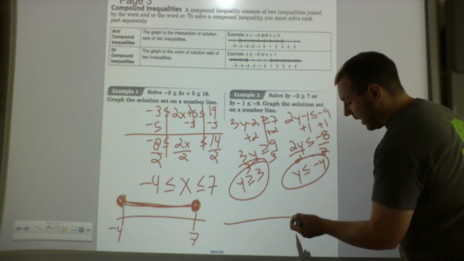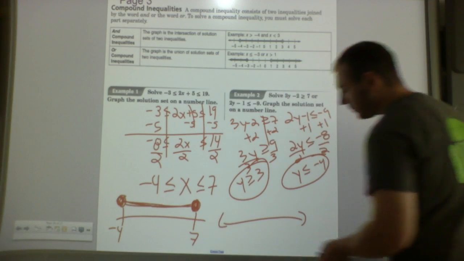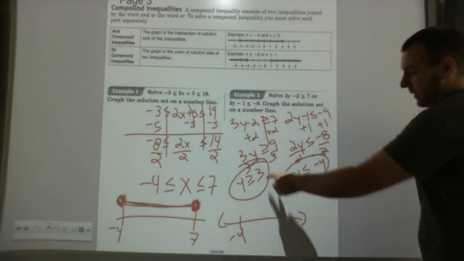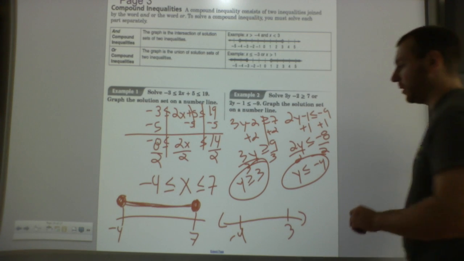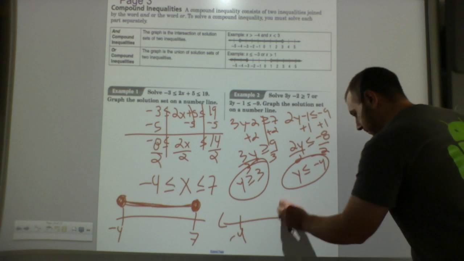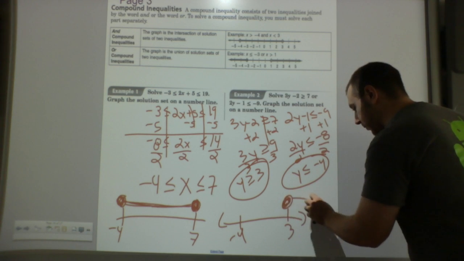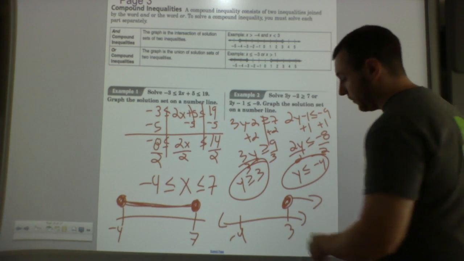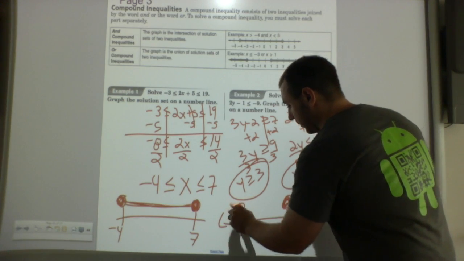So, when I have my number line, my lowest number is negative 4. My highest number is 3. Well, y is greater than 3. Circle going to the right. y is less than or equal to negative 4. Closed circle going to the left.